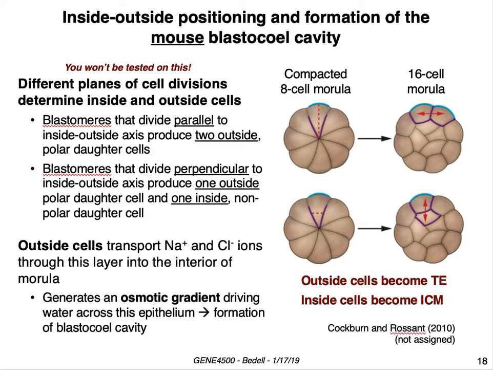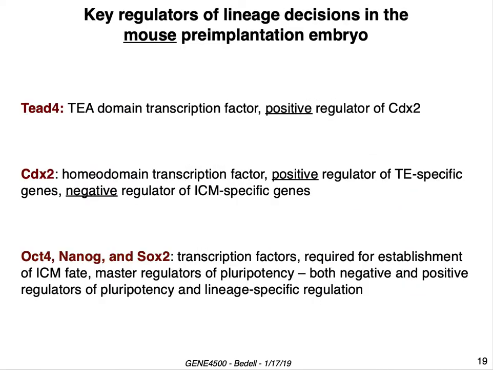Now, there are 4 transcription factors that I'd like you to learn. These we'll come back and talk about several times with respect to pluripotent stem cells. In terms of what I want you to learn for this class, we're only going to be talking about these in the pre-implantation embryo.